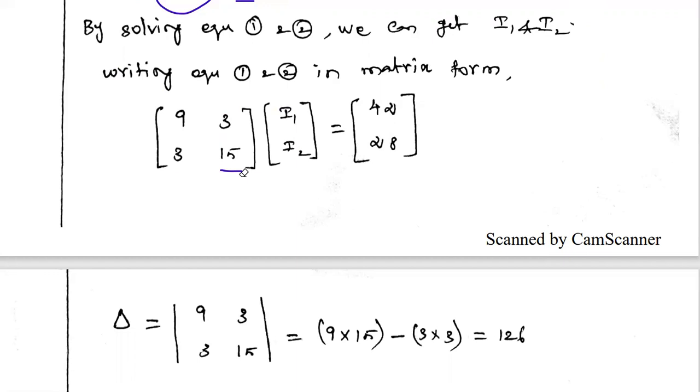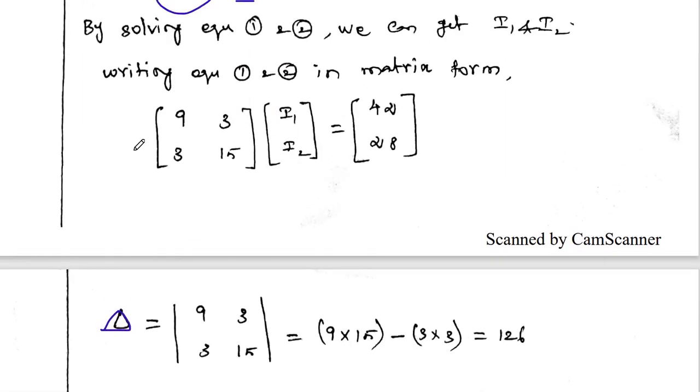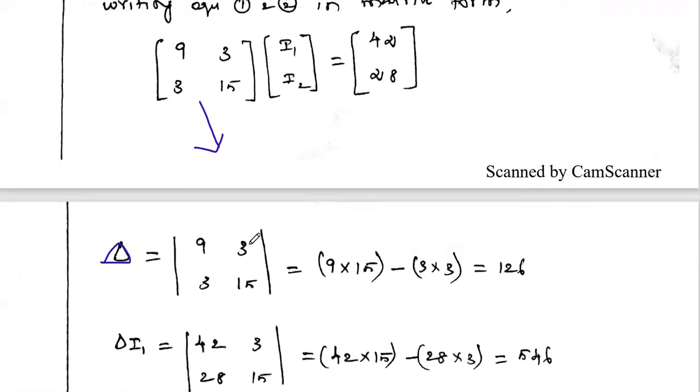After writing the matrix form, if we want to find the variables I1 and I2, first we have to determine del, which means the determinant of this 2 by 2 matrix. So the determinant of 9, 3, 3, 15.